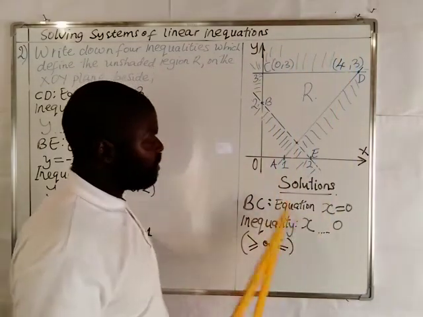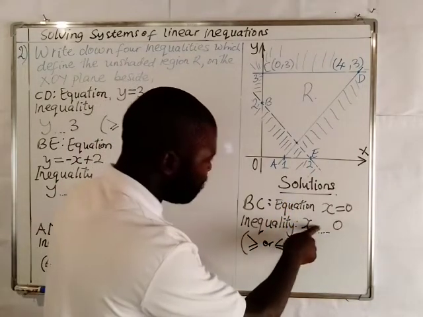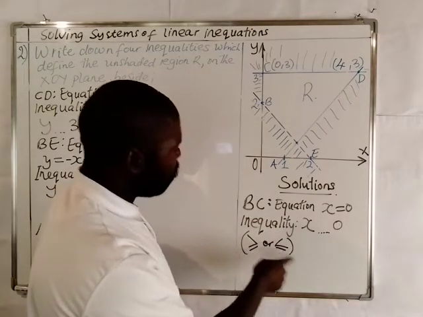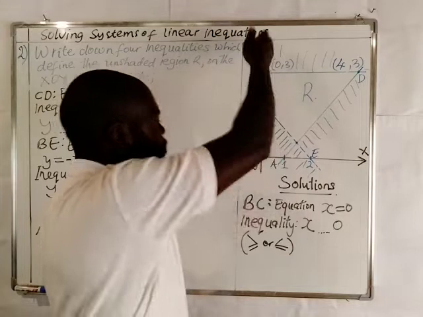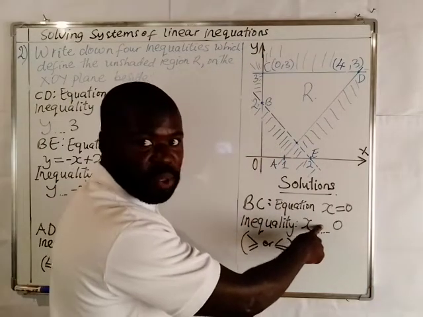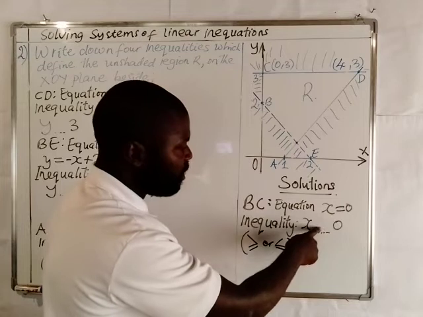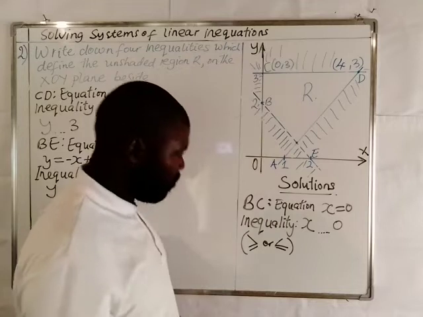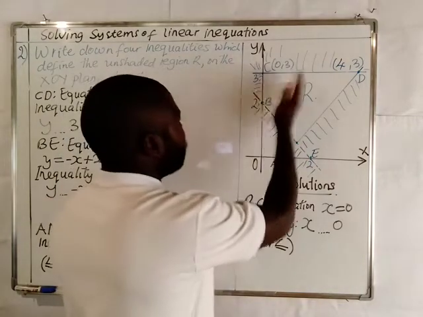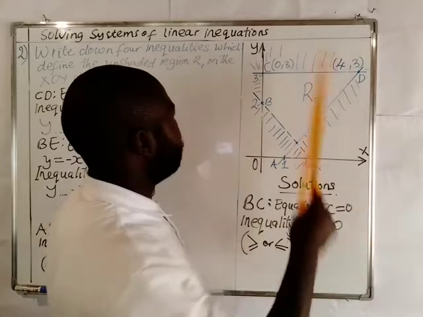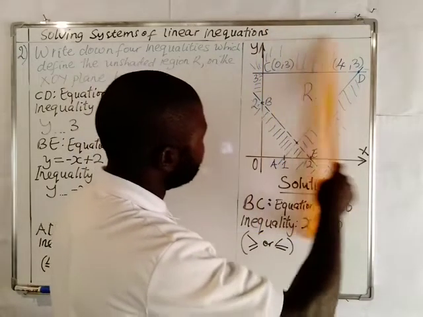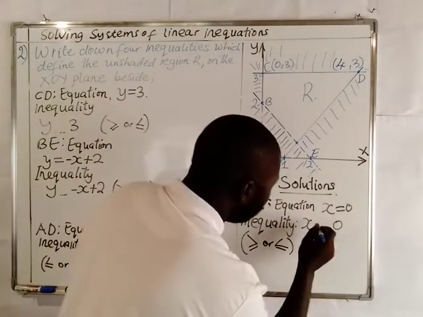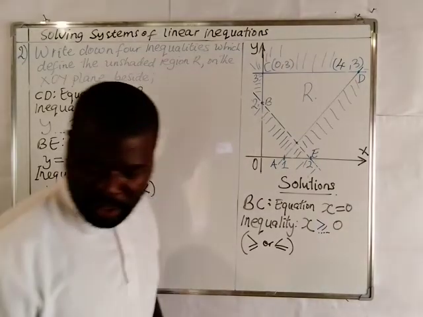So the first inequality, as we convert this equation into the inequality, will be greater than or equal to, because this line is solid. Points on the right-hand side are always greater than those on the left-hand side, so we can safely say greater than or equal to.